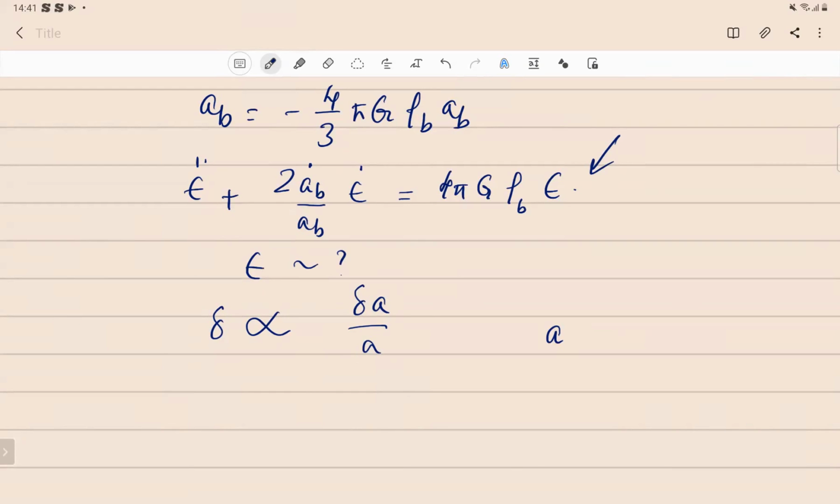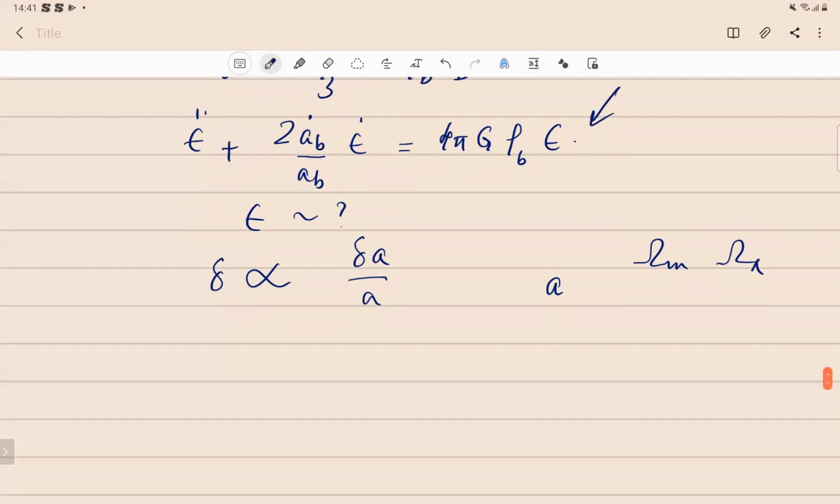So now let's consider a cosmology where you have only two kinds of stuff: omega matter and omega lambda. We are not keeping any kind of radiation. That's crucial here. No pressure stuff. So then we know how A depends on these quantities because we can write down the Friedmann equation. So let's write that down.